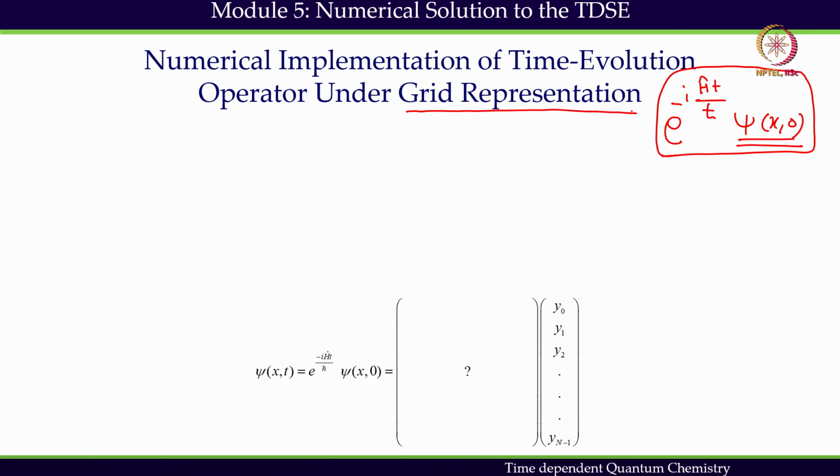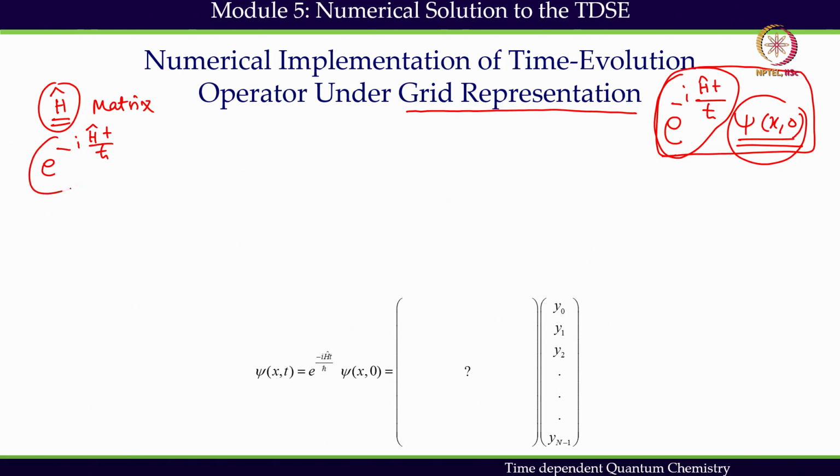The moment we represent a wave function on a grid, we have to find out how to represent this operator on the grid. This operator will be expressed as a matrix on the grid, so in order to find it, we have to find the matrix exponential, because H is a matrix in the grid representation.